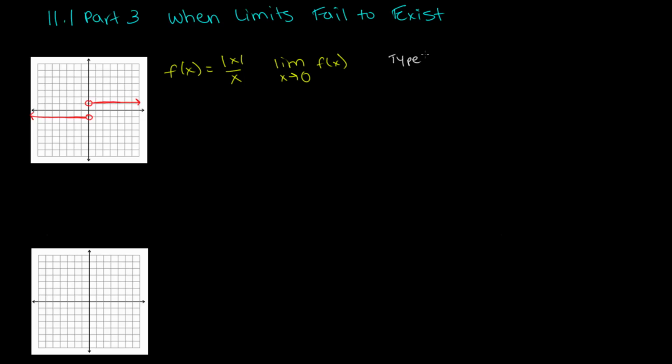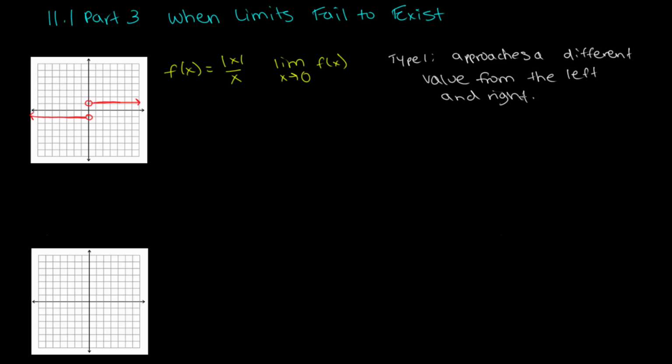So type 1 is where the function approaches a different value from the left and the right, and therefore, because it approaches a different value from the left and the right, the limit does not exist.